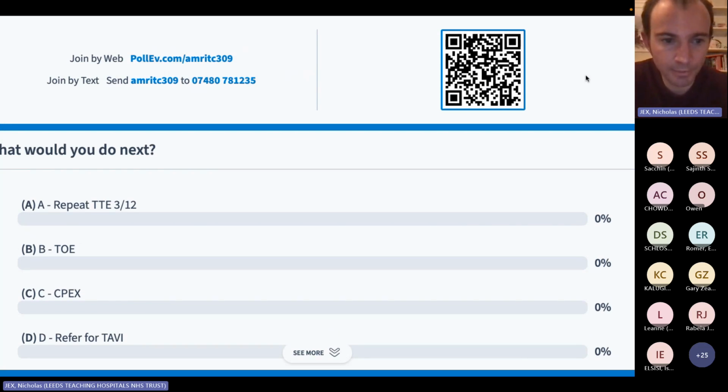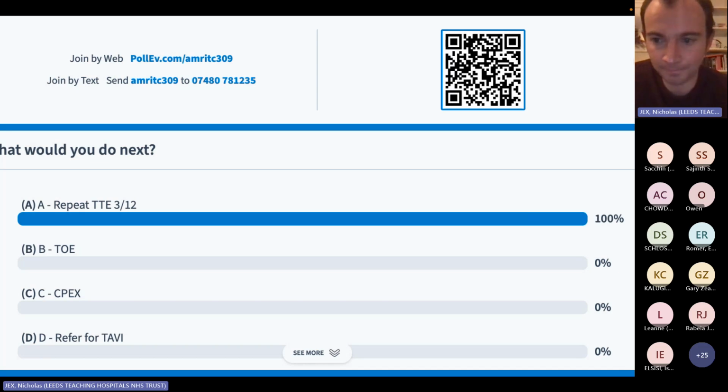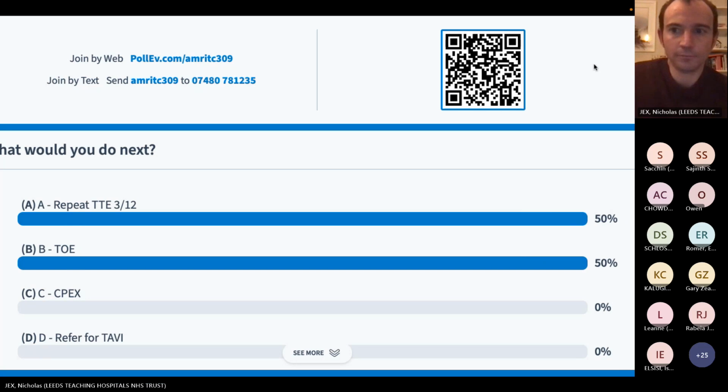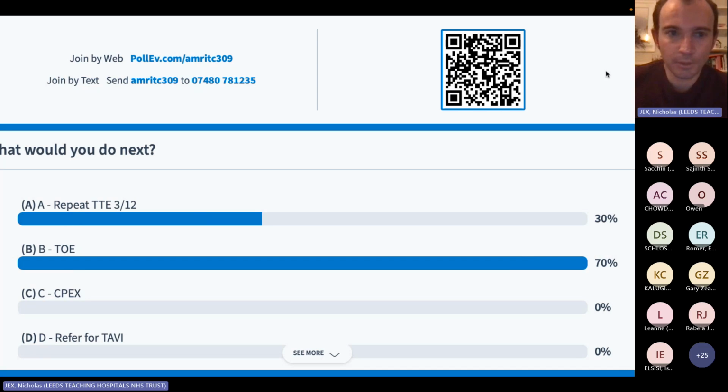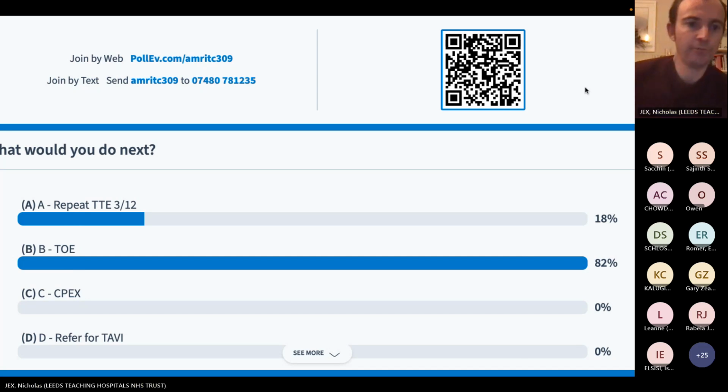Would you organise a cardiopulmonary exercise test? Would you refer the patient for a TAVI? So majority looks like going for TOE and a few going for repeat echo in 3 months.